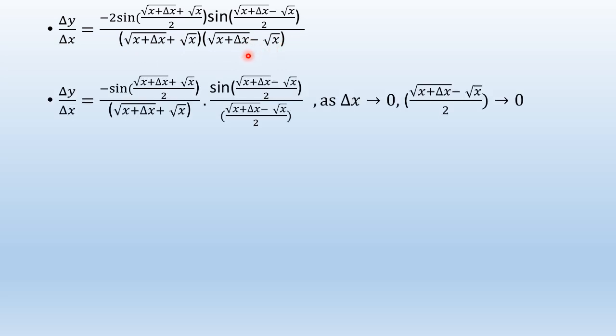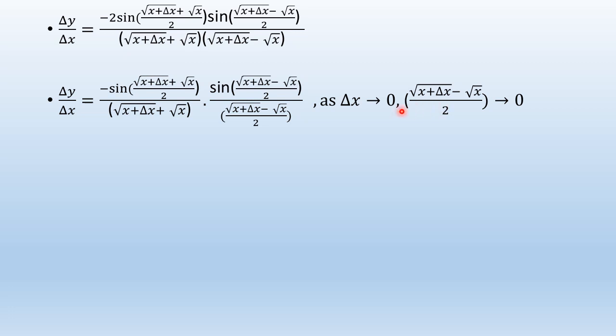We have brought this 2 under this, and written this as one fraction and this as the other. And now we observe as del x tends to 0, (under root x plus del x minus under root x) by 2 tends to 0, because when del x tends to 0, this becomes under root x minus under root x, that is 0 by 2, it tends to 0.